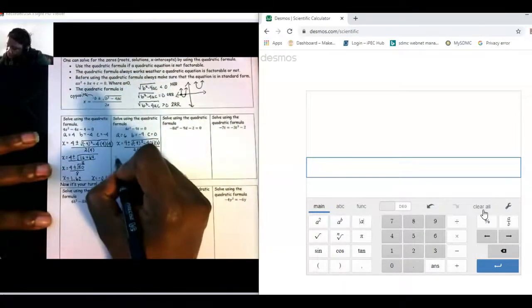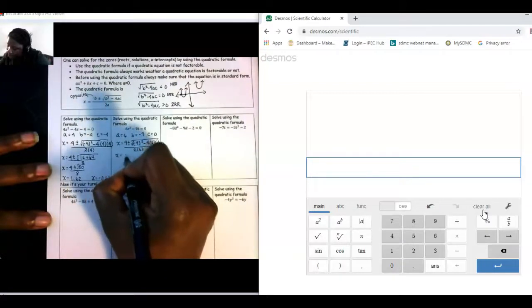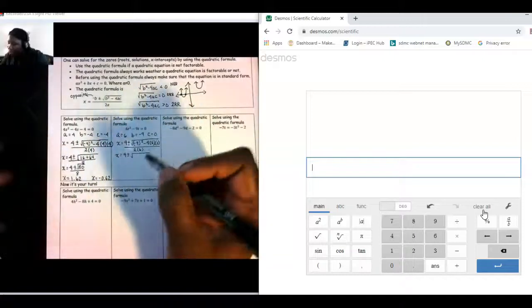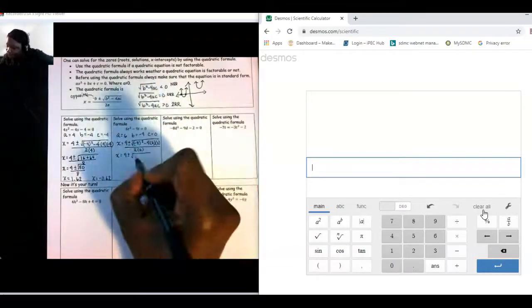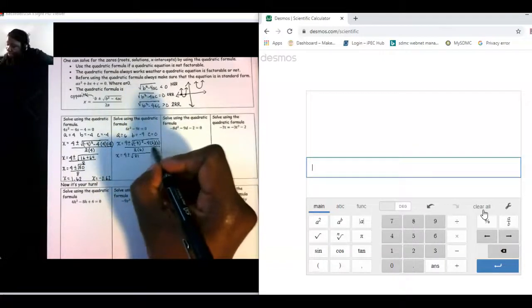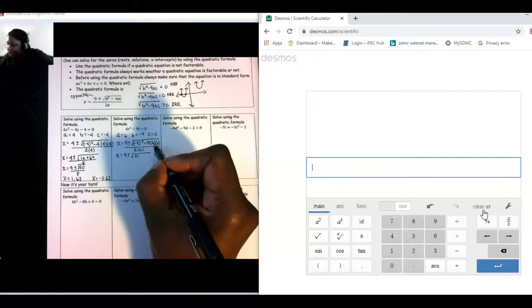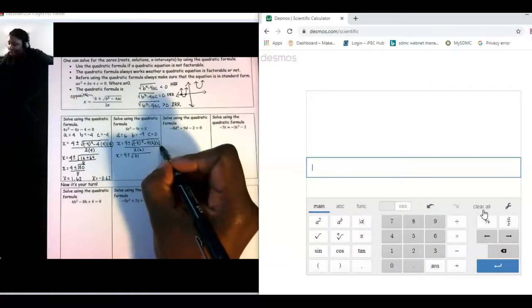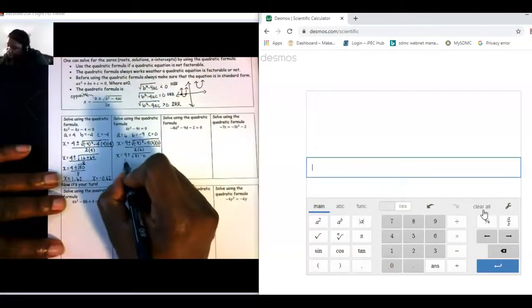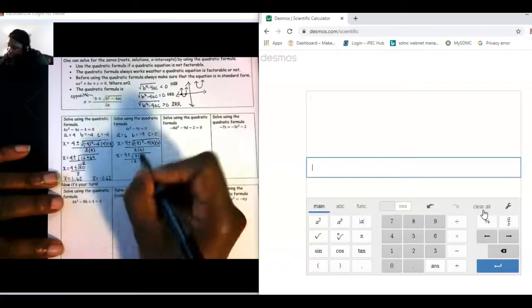Okay, so now we have x is equal to 9 plus or minus, well, the square root, not the square root, negative 9 squared is 81. And any set of numbers times 0 is just 0. So this is negative 4 times positive 6 gives me negative 24, but that doesn't matter because I have a 0 right here. So this would be minus 0 all over 12.